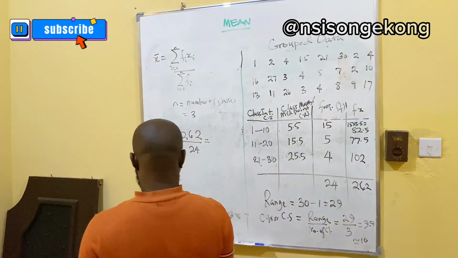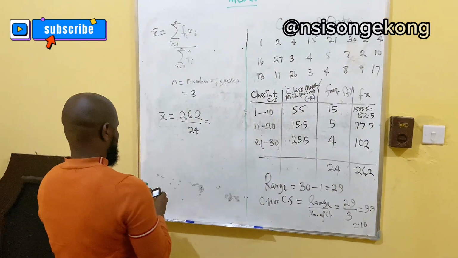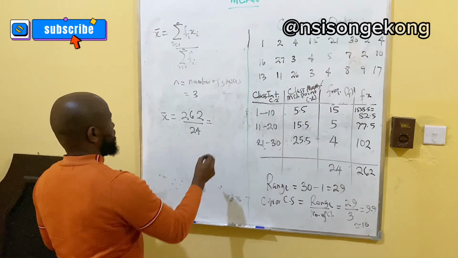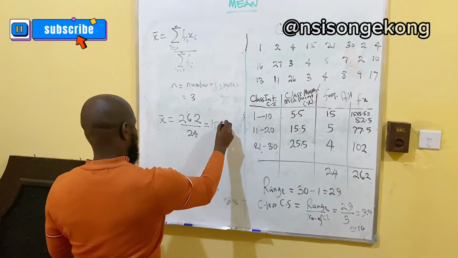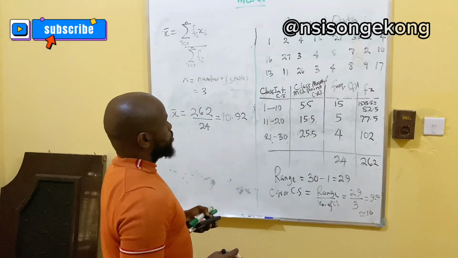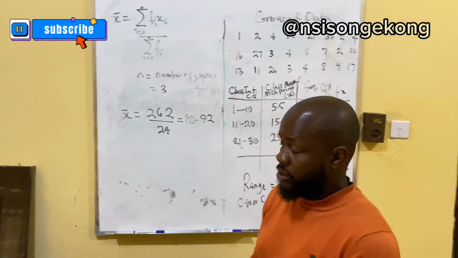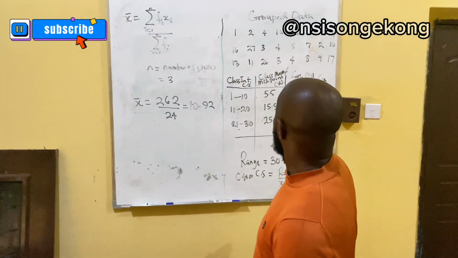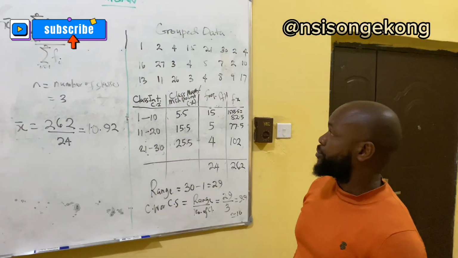We see that our mean is 10.92 approximately. So we've been able to obtain our mean to be 10.92 for this particular data set that is now grouped into a frequency distribution.